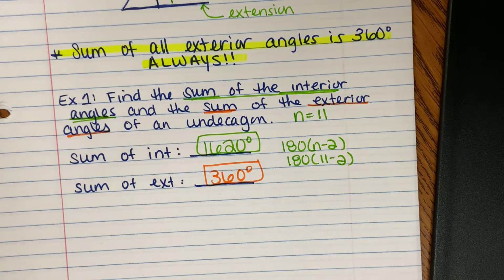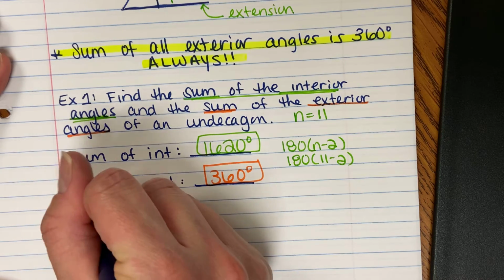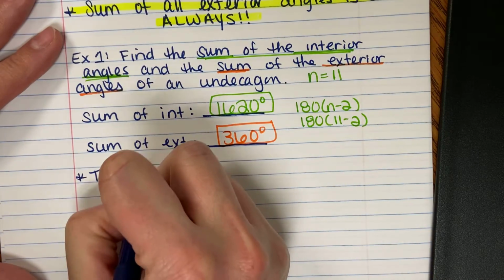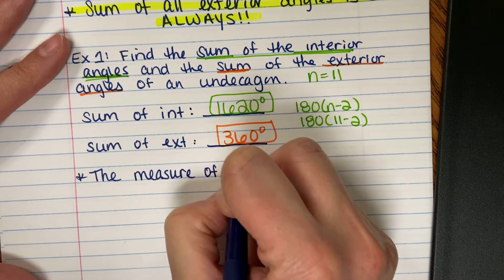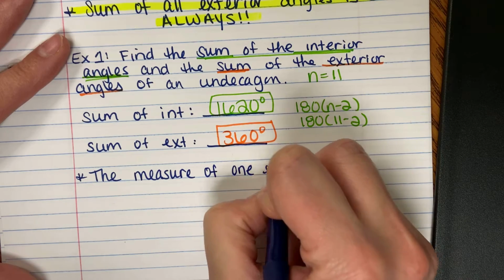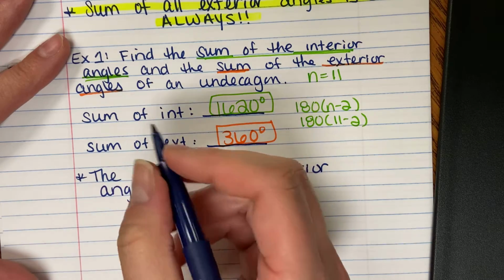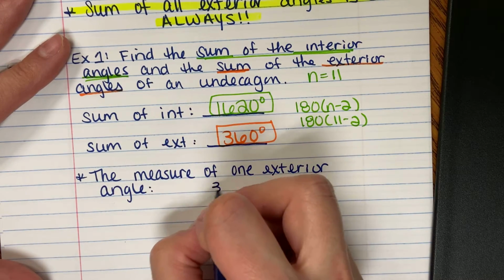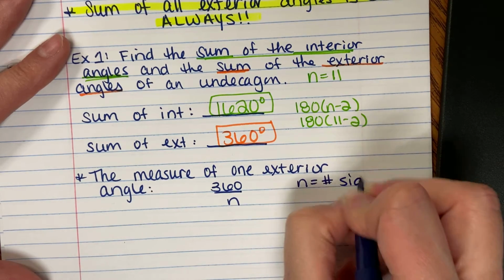All right. Now, there's the sum of interior, there's one interior. There's sum of exterior, and now we're gonna find the one exterior angle. The measure of one exterior angle is 360 divided by n, where n equals the number of sides.